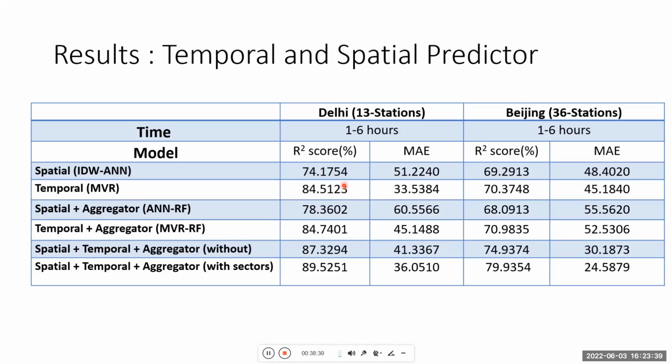Though we have fewer stations than Beijing, we have more instances, giving good learning accuracy. Then we went for a random forest, but that value didn't increase much. That goes to 78. The final version was spatial, temporal, and predictor with sectoring and without sectoring.